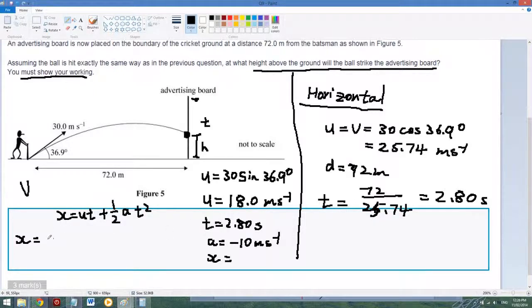So just put all the values into the calculator. 18 times 2.8 plus minus 10 on 2 times 2.8 square. Put it in your calculator, just do it, you will have the right answer. Because its displacement travels upwards. Okay, that's it.